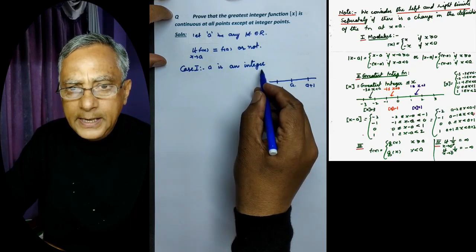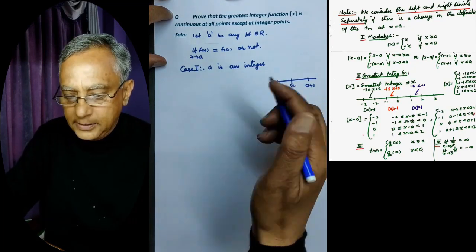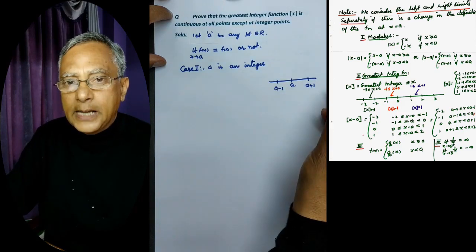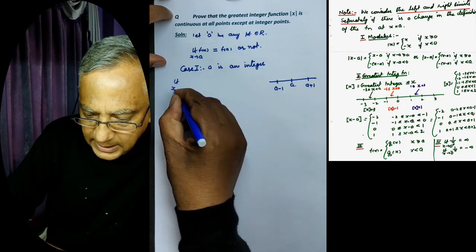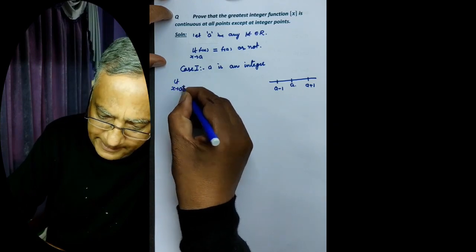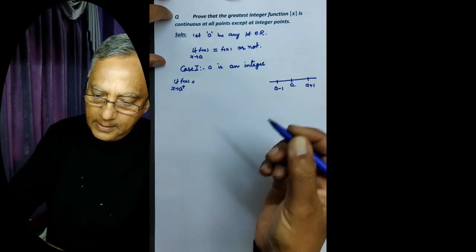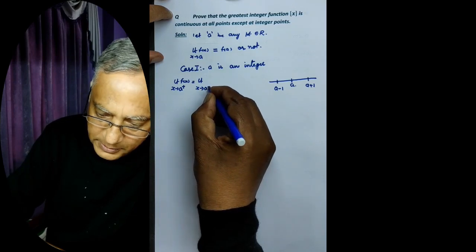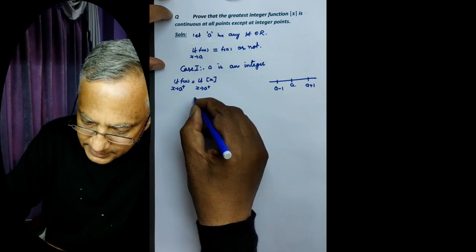Now at integral points, I have told you earlier that we must find the left and right limits separately. You can see the side sheet. So what we do is limit x approaches a from positive side, f(x) is equal to limit x approaches a from positive side, integral value of x.